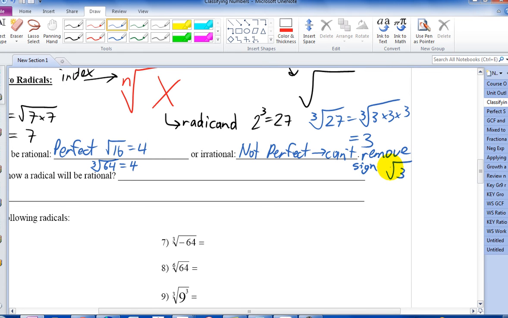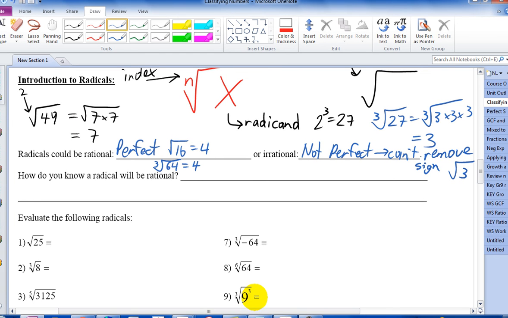Right? You can't fix that. Then it's irrational. Okay. So how do you know a radical will be rational? You have to look for the perfect square. So you're going to have to kind of memorize or check on the calculator.